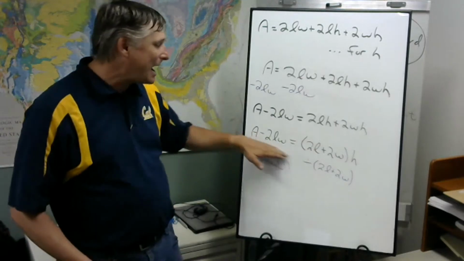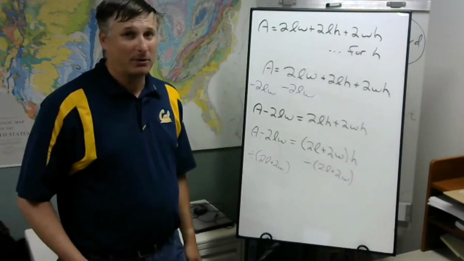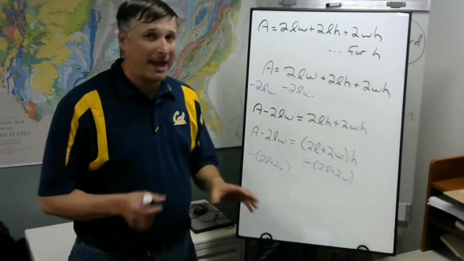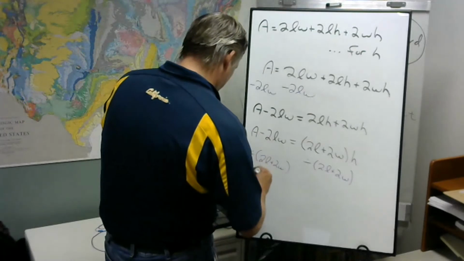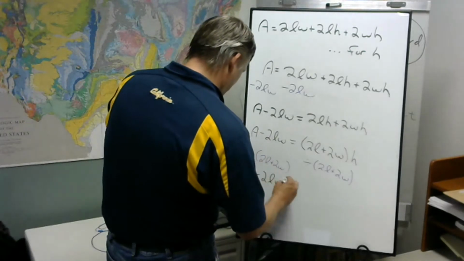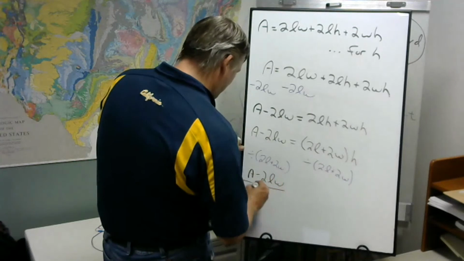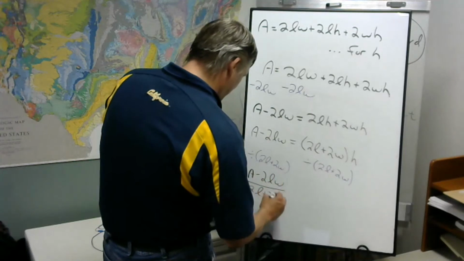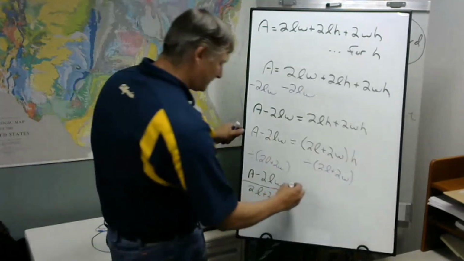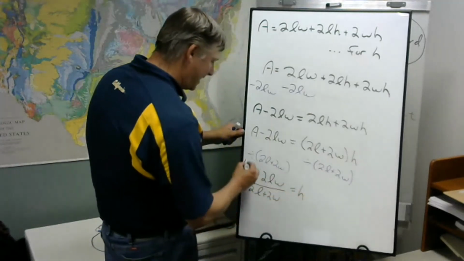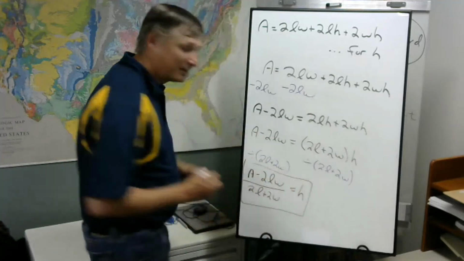I'm dividing the entire side by that one piece. So that means the entire side is divided by 2L plus W. And that gives us H.